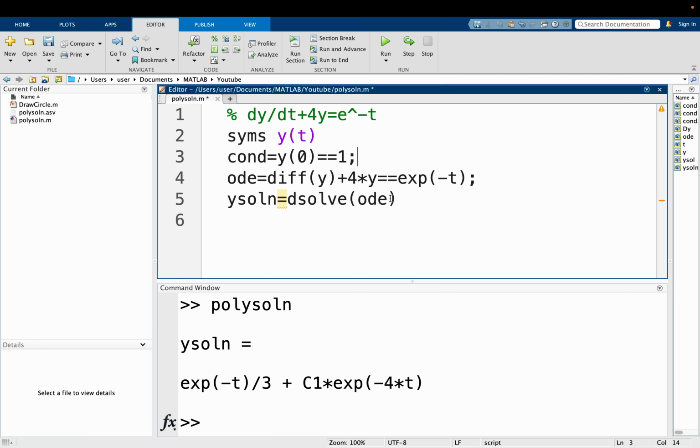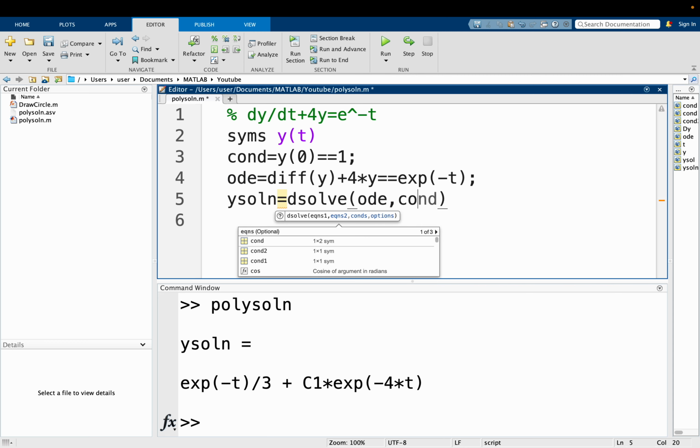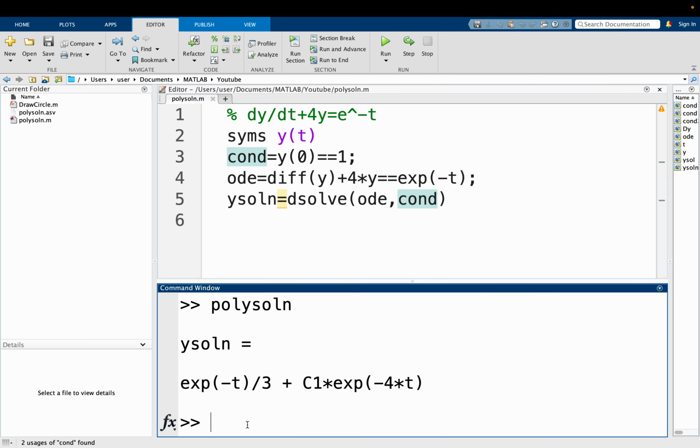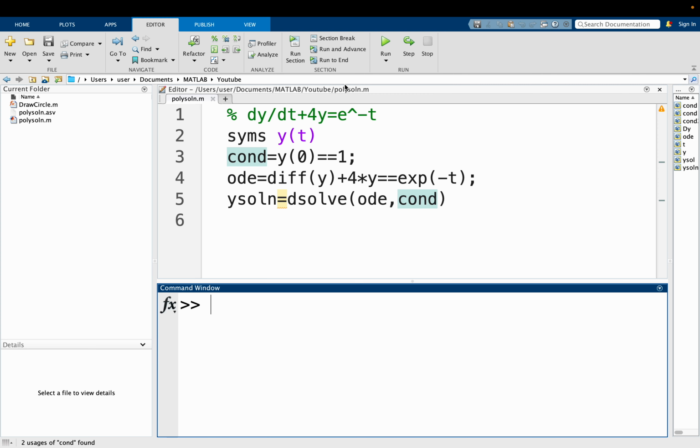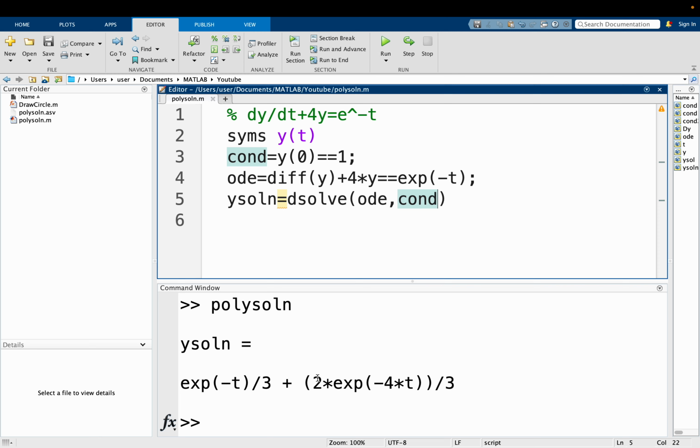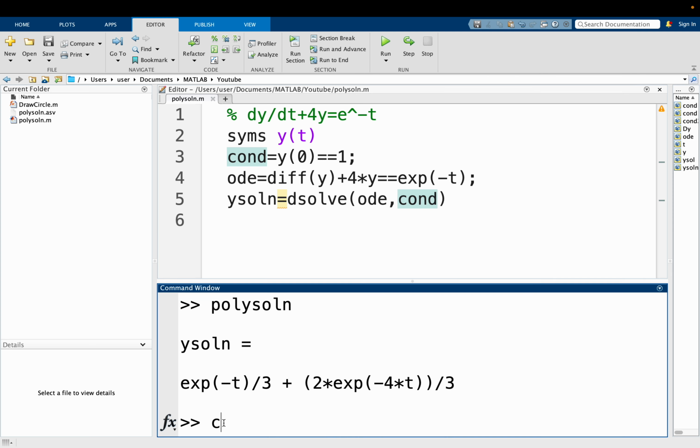So now I can give the second argument as my condition. If I run it again now with the condition, you can see I have my C1 now computed as 2 over 3. So that is the first example.